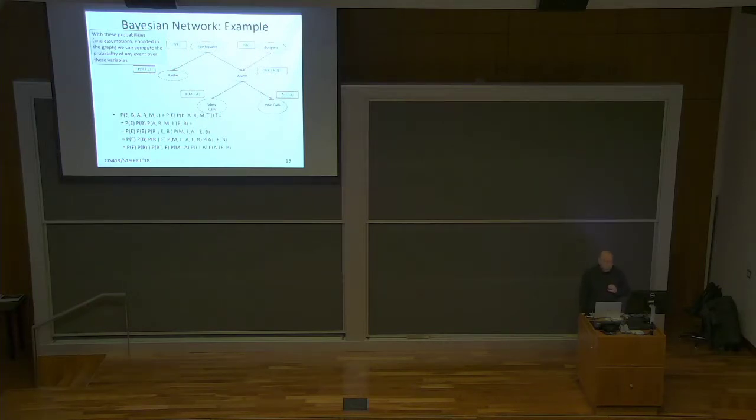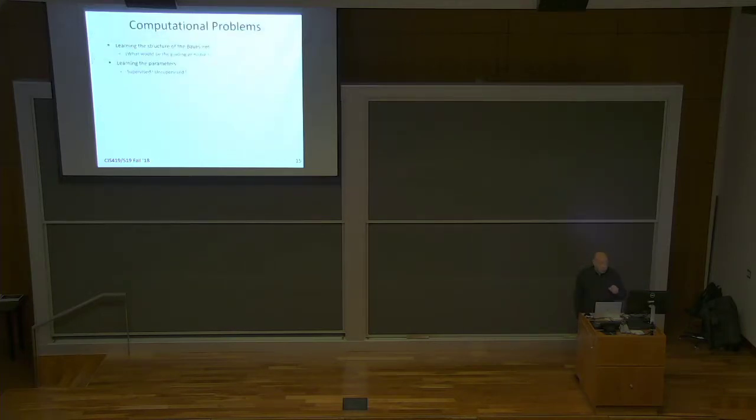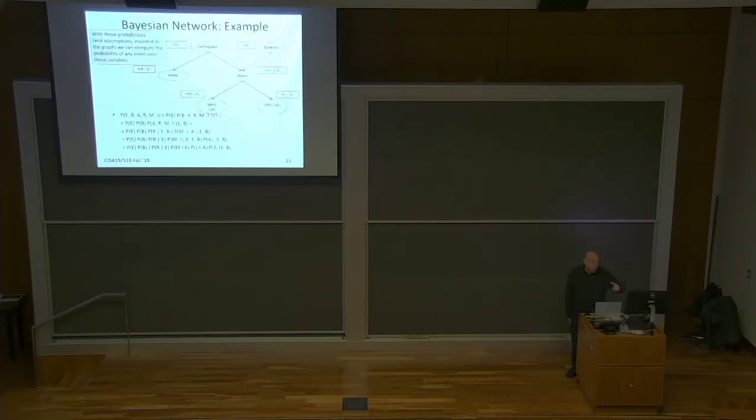Okay, so now that we understand Bayesian nets, what are the computational problems that we have? There are really two computational problems. One of them is learning, and you can learn the structure of the network, which I gave you here, and you can learn the parameters. That is, you see that there is an arrow from E to R, you know that you need to learn P of R given E. In fact, learning the parameters is the easy thing because you see a lot of data.